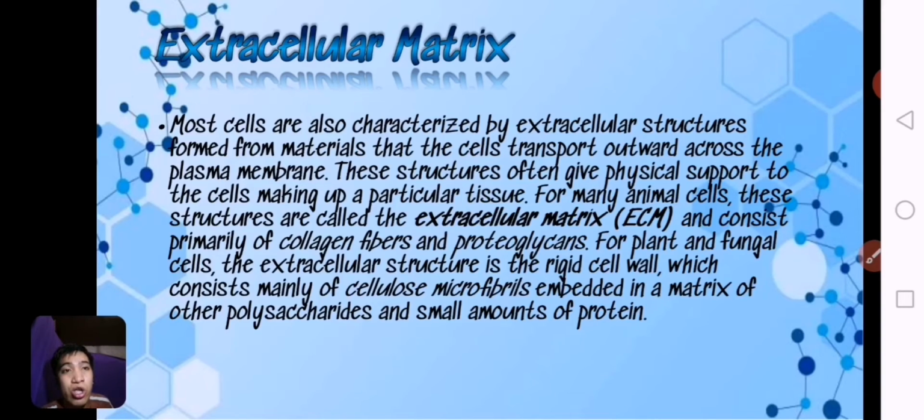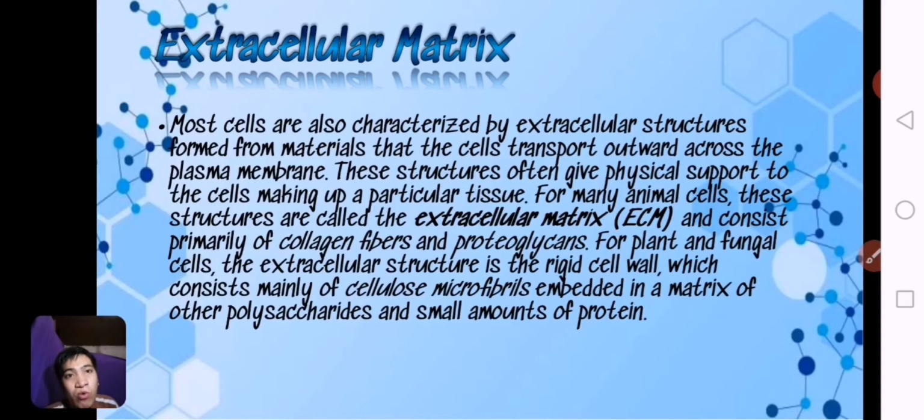As you learn, structures often give physical support to the cells making up a tissue. For many animal cells, these structures are called the extracellular matrix. The extracellular matrix is found usually in animal cells and consists primarily of collagen fibers and proteoglycans.